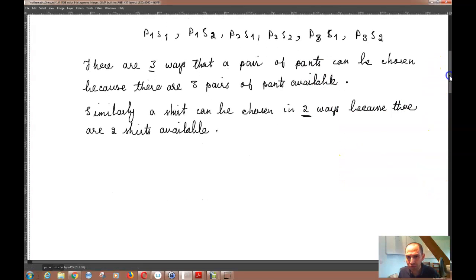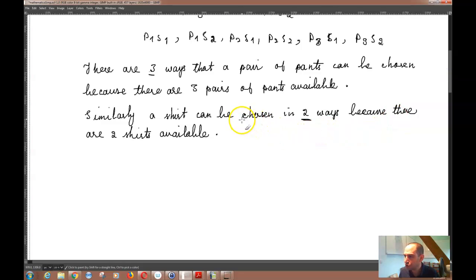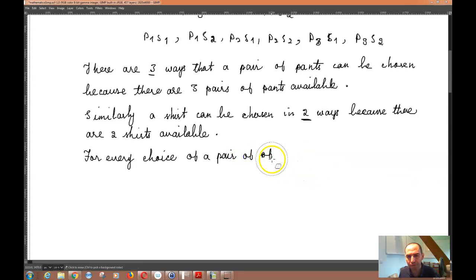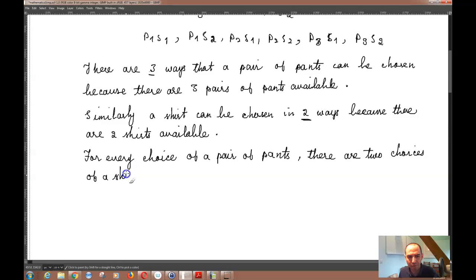And this sentence is also important, which is for every choice of a pair of pants, there are 2 choices of a shirt, right?